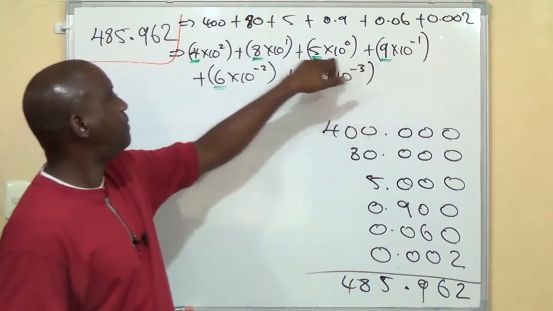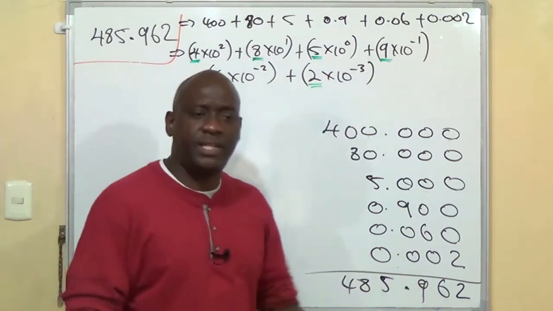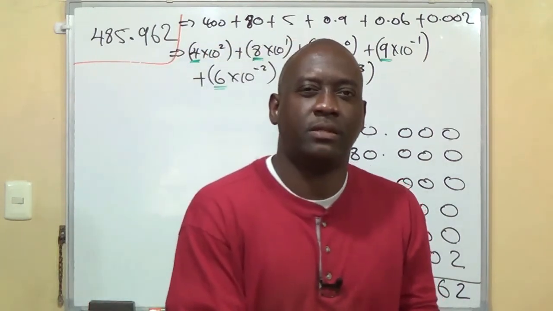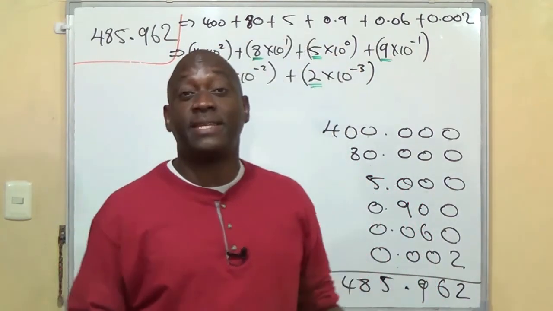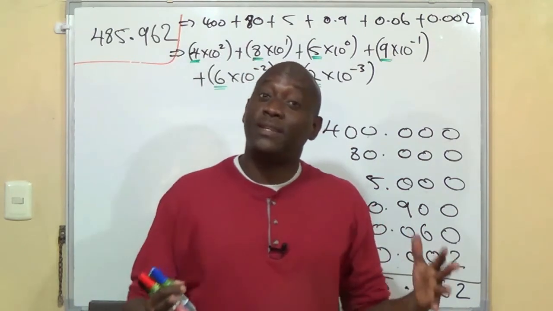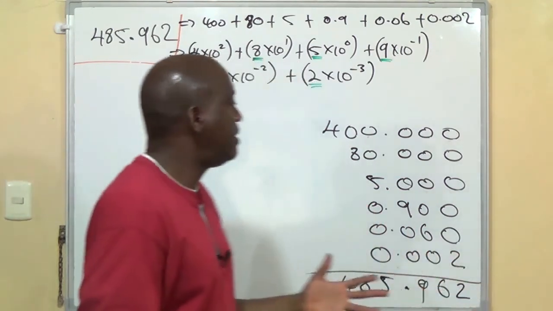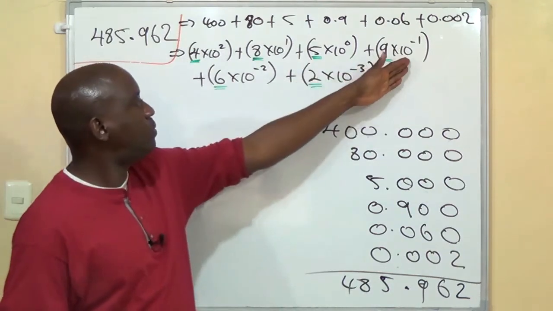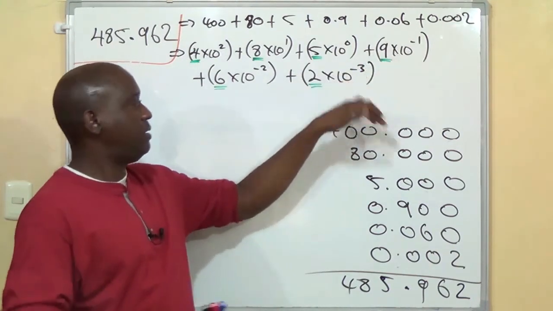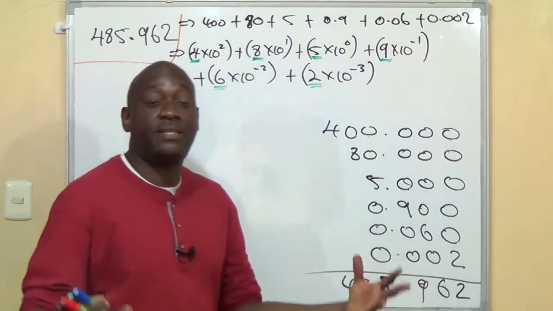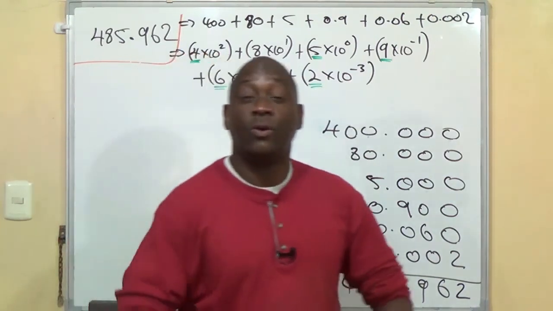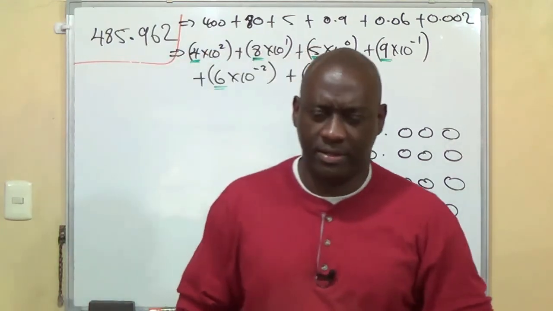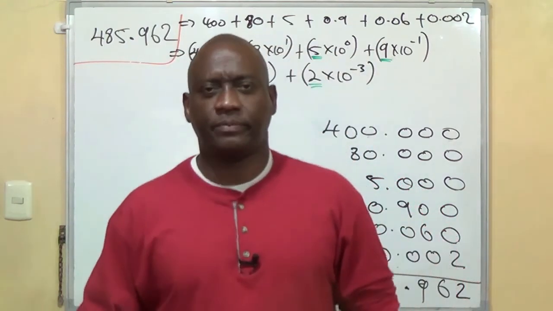Alright? And if I come to you and say we're counting in base 2, or base 20, or base 8, or base 16, the only difference is that instead of powers of 10, we're talking about powers of 2 or 3 or 8 or 16 or 5 or 20, etc.